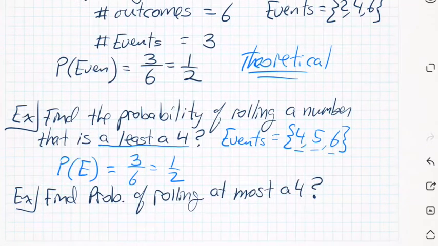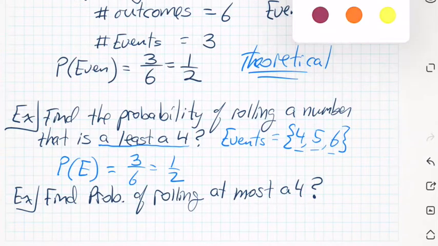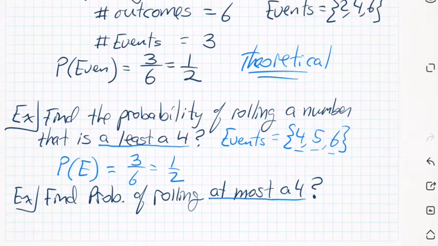Conversely, we can find the probability of rolling one of these die and rolling at most a 4. So when we start talking about at most a 4, we're saying that 4 is the largest number. So when we talk about our events here, we are talking about a 4 is the largest number, and that means we need to go smaller.